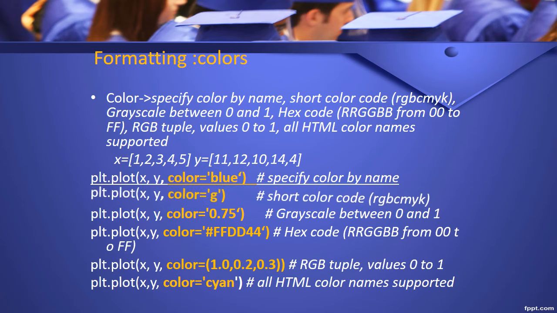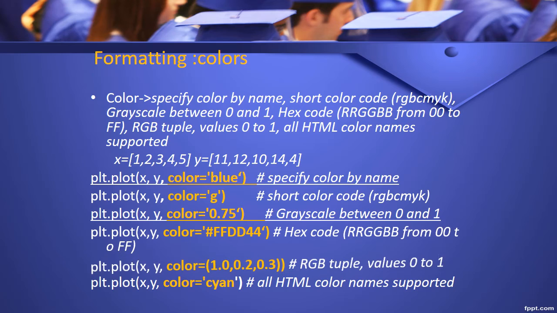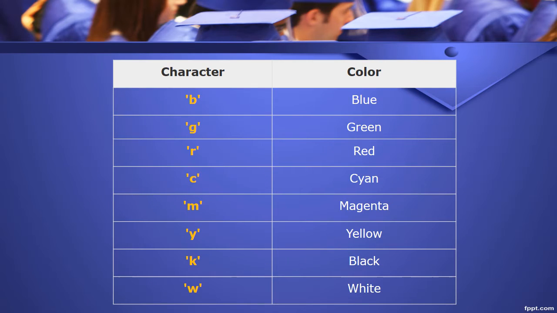We can also set a grayscale value between 0 and 1, and a hex code for displaying the color of the particular line. RGB, meaning a red, green, blue combination of values from 0 to 1, can also be given, or an HTML color name. This is the short code for the colors.